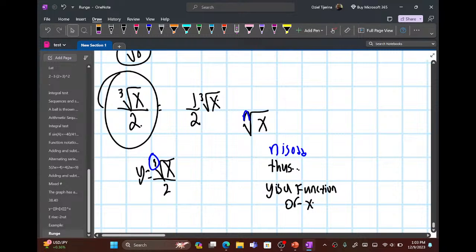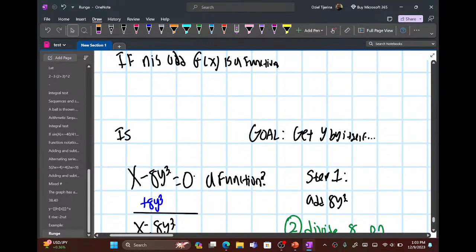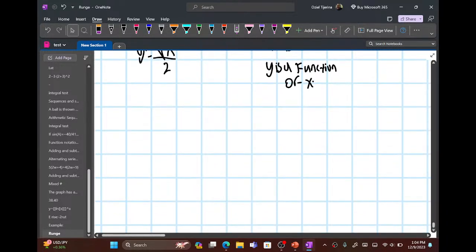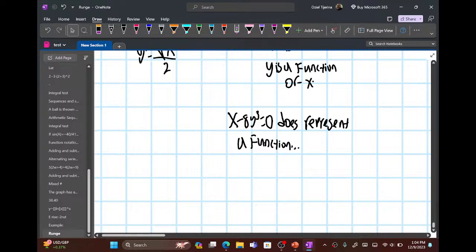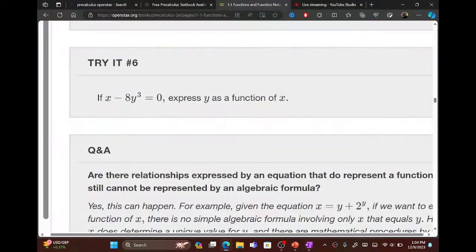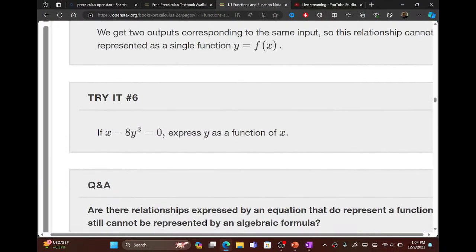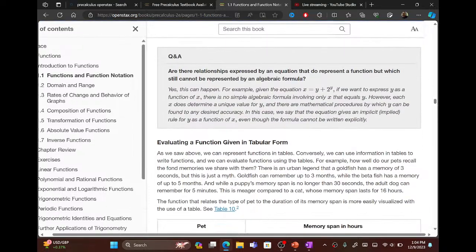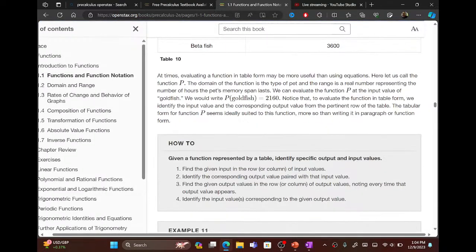Or in other words, what we had originally, x minus 8y cubed equals 0, does represent a function. I know it's a lot of writing, guys, but I like to be very clear. Okay, so that is how we do that one. I'm trying to go really fast with these because I just feel like there's so much.